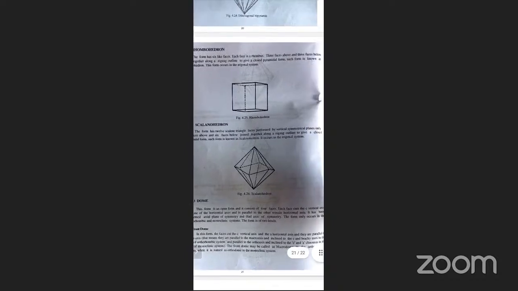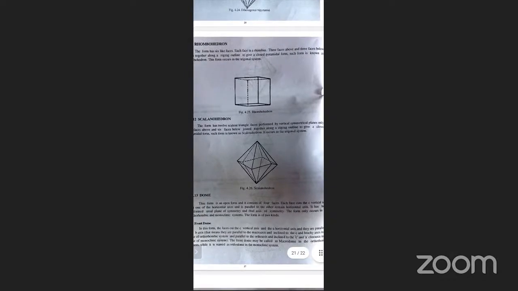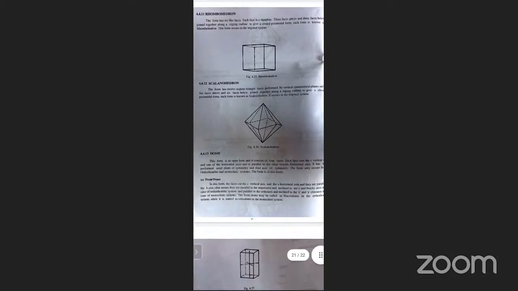These are 3 faces above and 3 faces below, joined together along a zigzag outline to give a closed pyramidal form. Such a form is known as a rhombohedron. And this form occurs in the trigonal system.